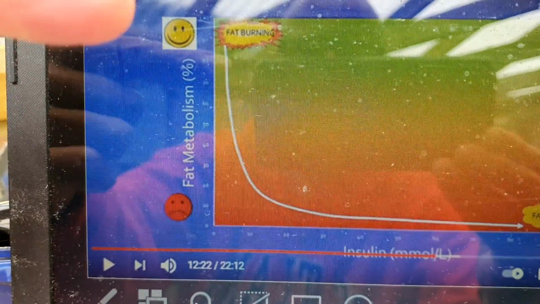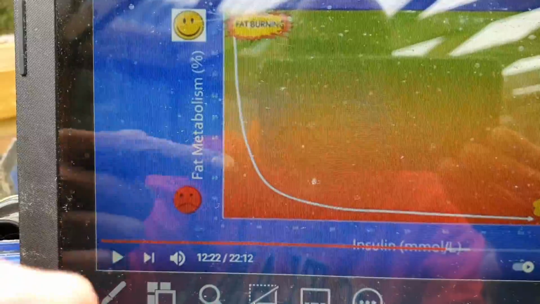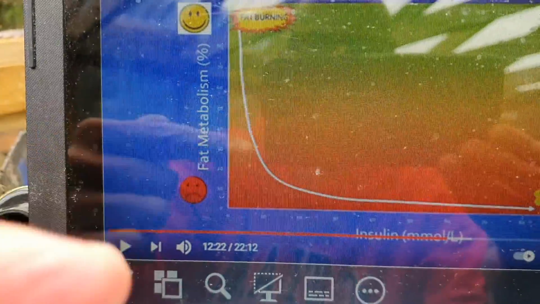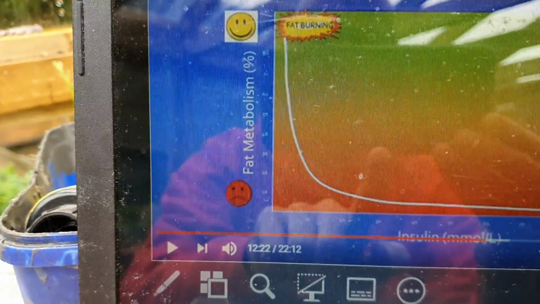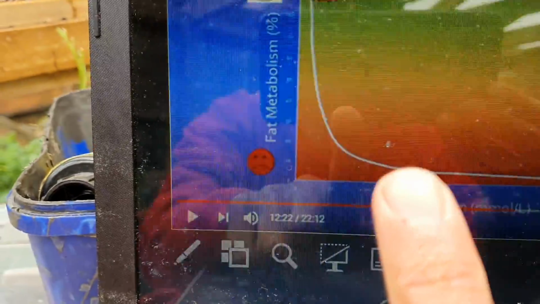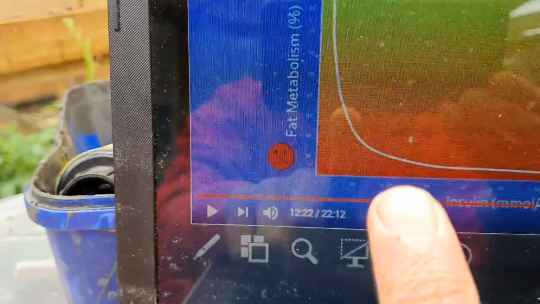Along the y-axis is percentage fat burning, at the top is fat burning, and at the bottom is fat storage. Along the bottom is insulin levels.